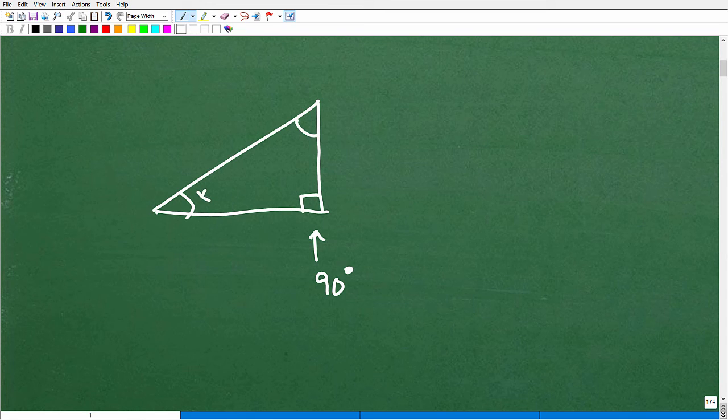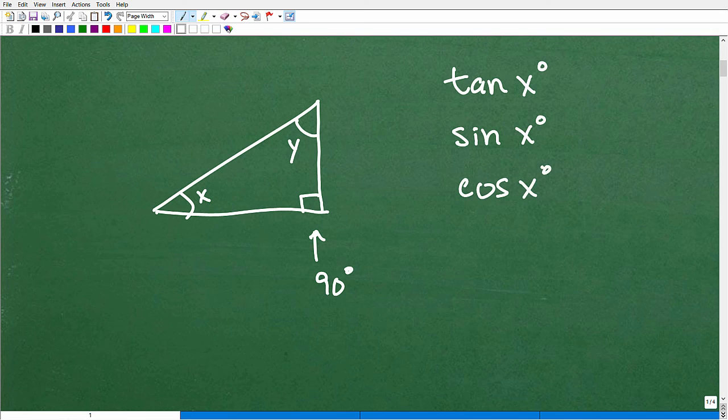We can call this angle X and angle Y. When we're talking about degree measure in geometry, you start learning basic trigonometry, what we call trigonometric ratios, and these look like this: tangent of x degrees, sine of x degrees, and cosine of x degrees.